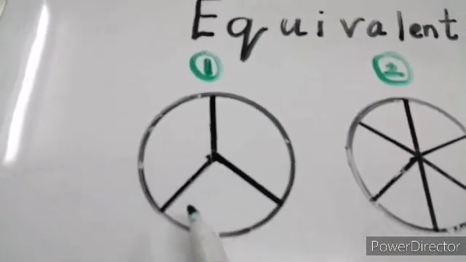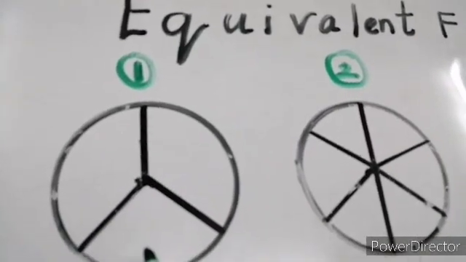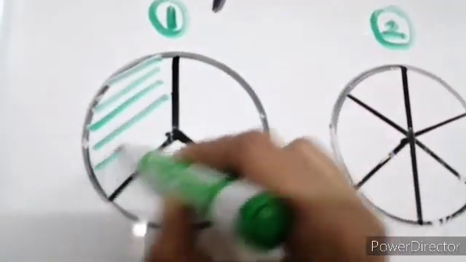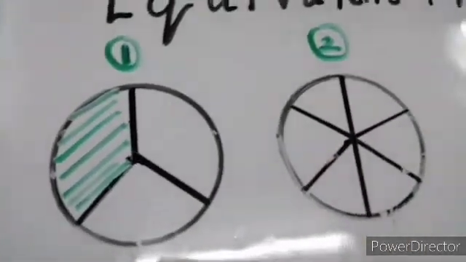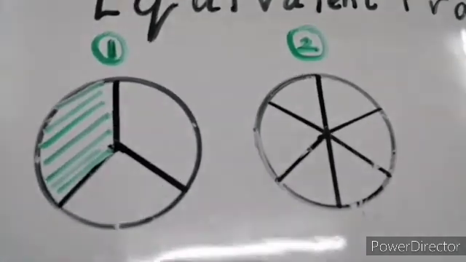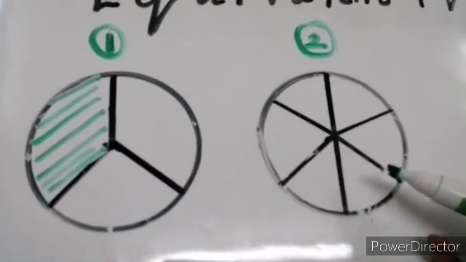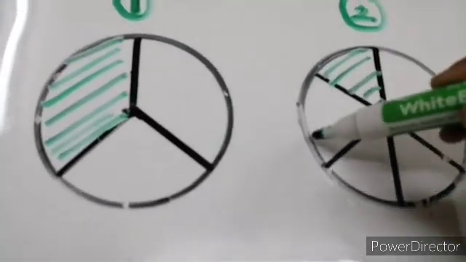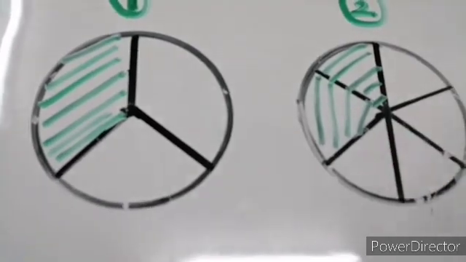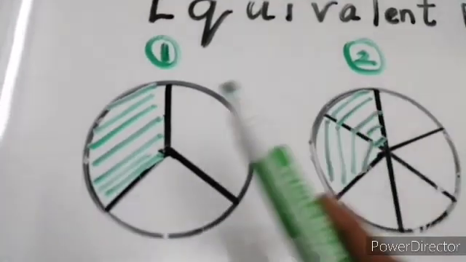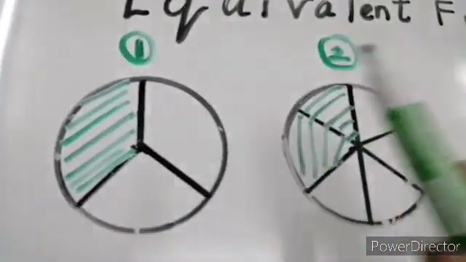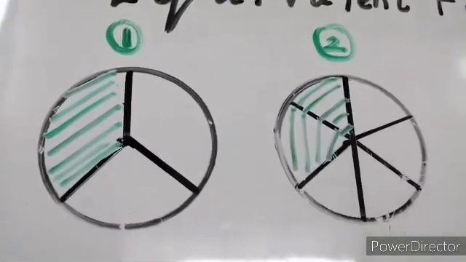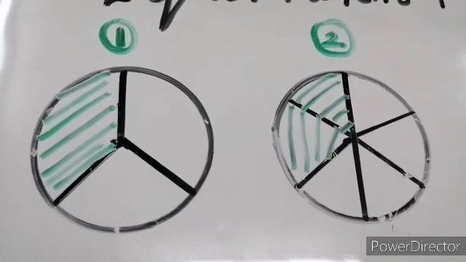The first circle, let's shade one part. Let us color the one part. In the second, let's color two parts. Now, can you see this shaded portion and this shaded portion are exactly the same. They have the same value.